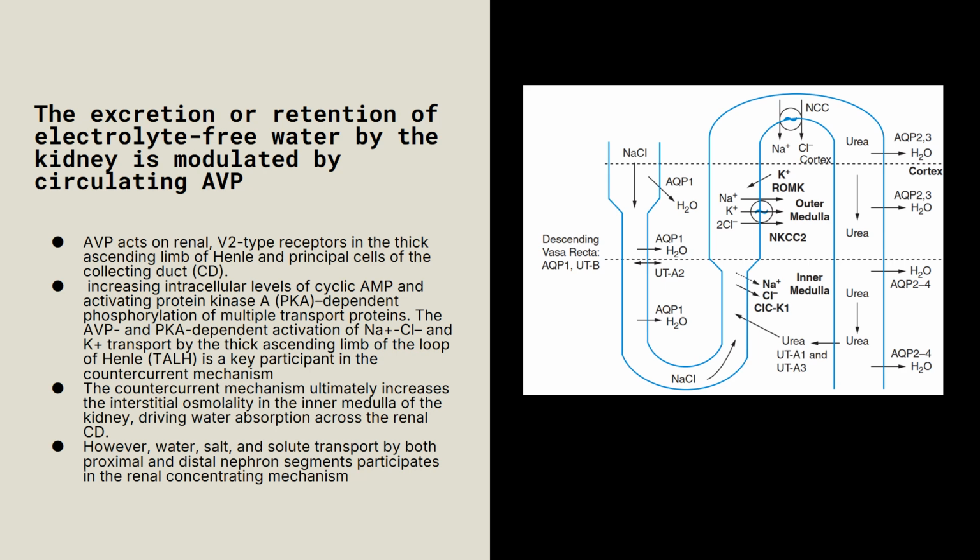The countercurrent mechanism ultimately increases the interstitial osmolality of the inner medulla of the kidney, driving water absorption across the renal collecting ducts. However, water, salt, and solute transport by both proximal and distal nephron segments also participate in the renal concentrating mechanism. So it's not just the loop of Henle. You also have sodium chloride channels in the distal convoluted tubules, also in the proximal convoluted tubules.